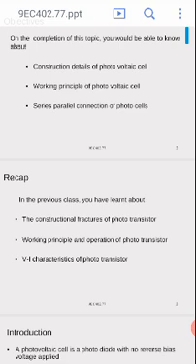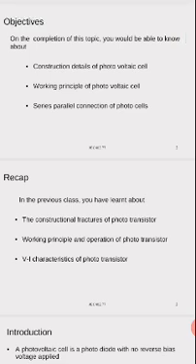In today's class, we are going to discuss about the photovoltaic cell. The photo means the light energy which falls on the device is called as a photo. Here photo means light energy.